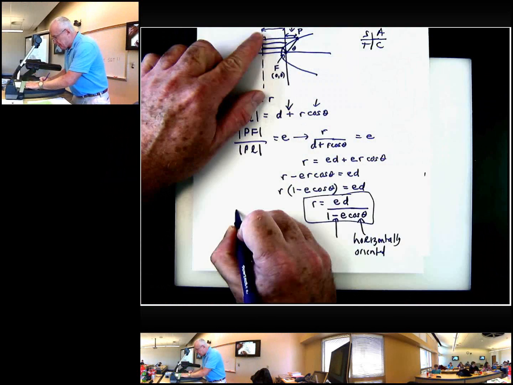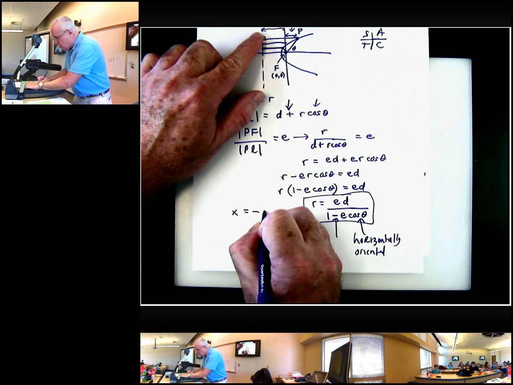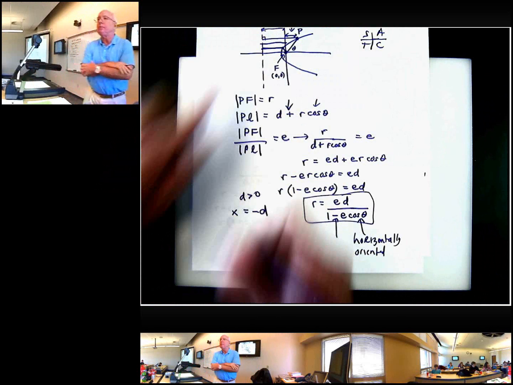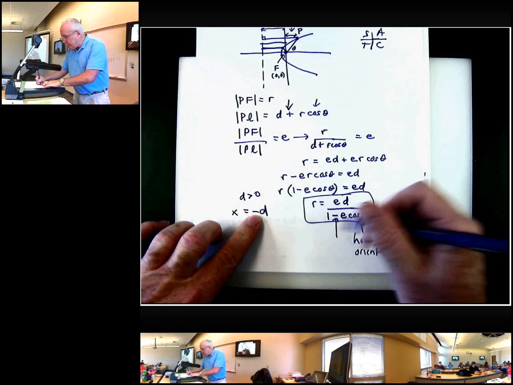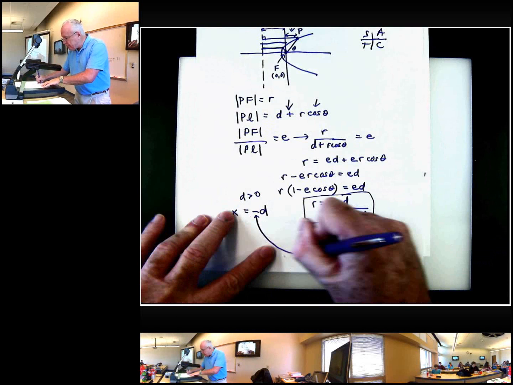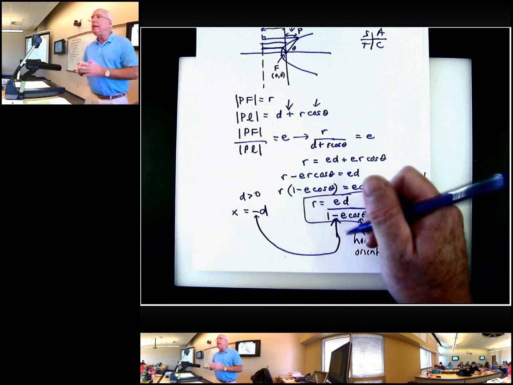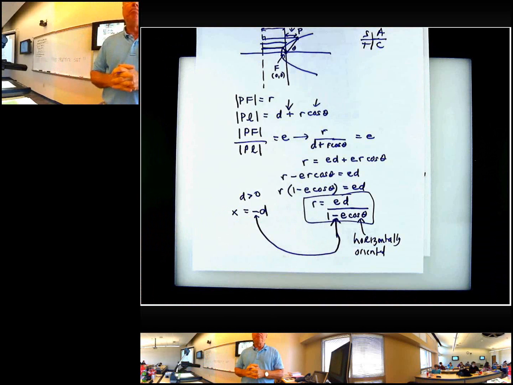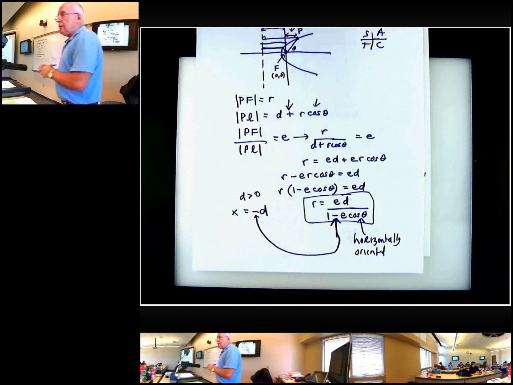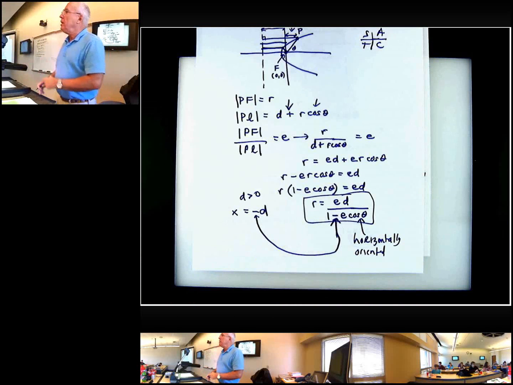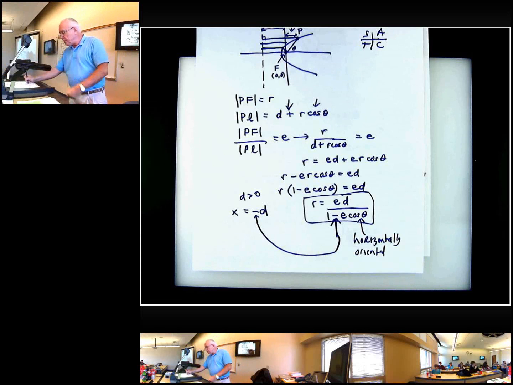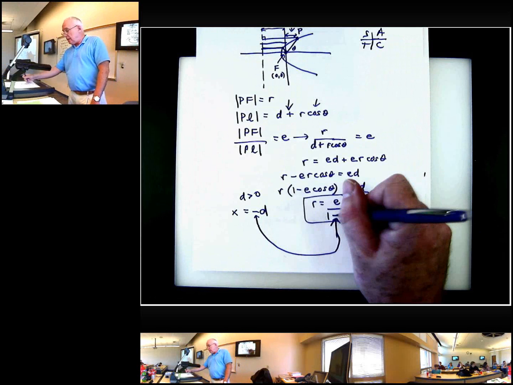Our directrix is x equals minus d. We're always assuming that that little d is a positive number. So our directrix is x equals minus d. That minus can be seen as corresponding with that minus that we have down below. These are just little tricks to help you remember the connection, because some of the things you'll be asked is what's the equation of the directrix, that type of thing. So this will be a clue. It's going to be a minus in front of it.